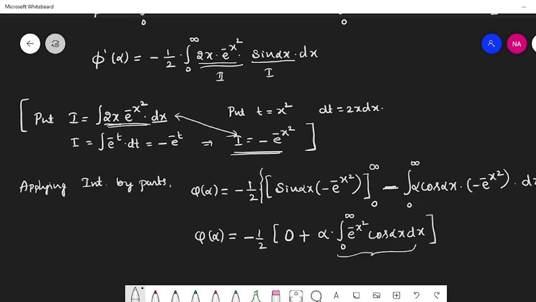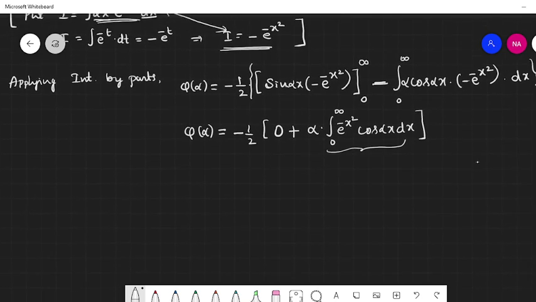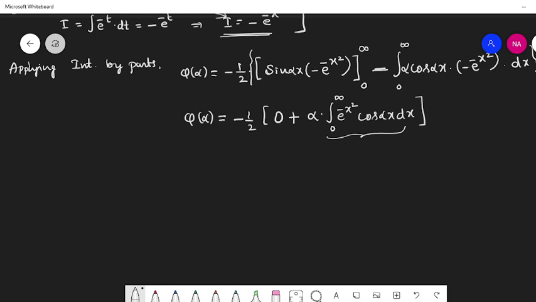See, integral 0 to infinity e power minus x square cos alpha x dx is nothing but phi of alpha. Sorry, the left side should be phi dash of alpha. So phi dash of alpha equal to minus alpha by 2 into phi of alpha.